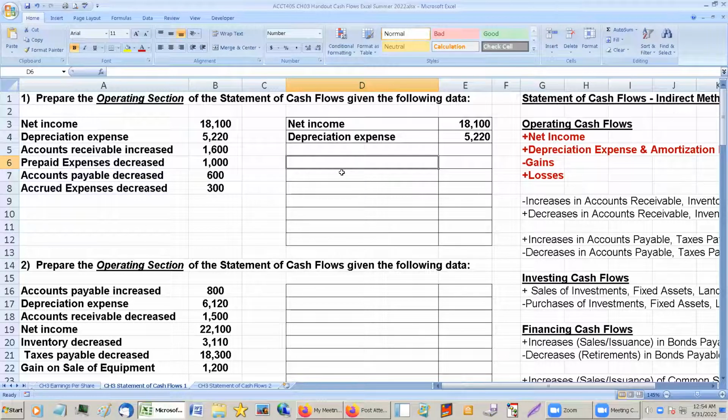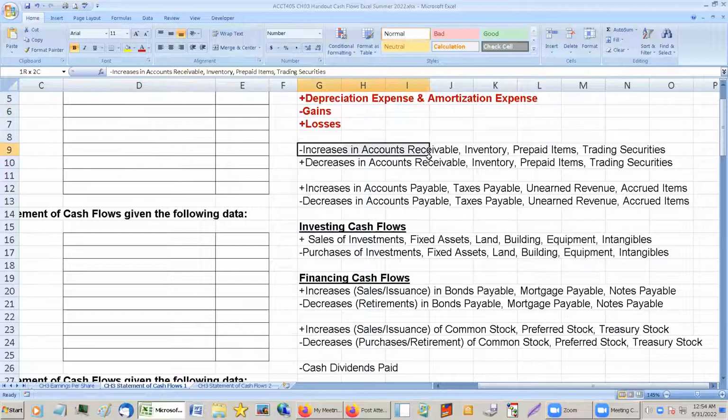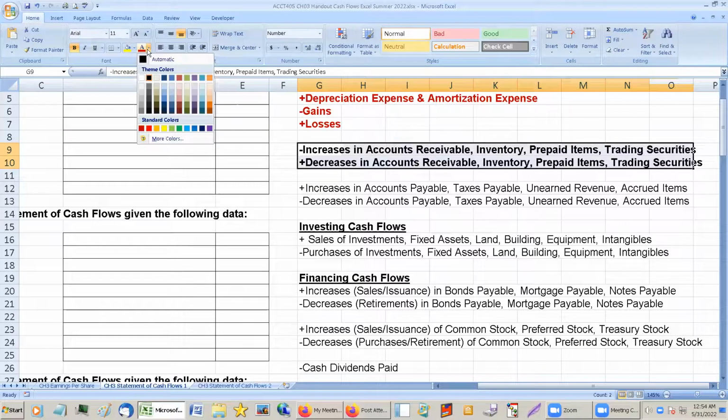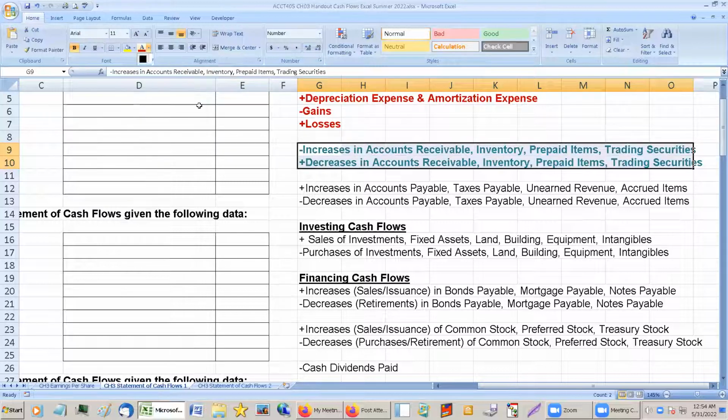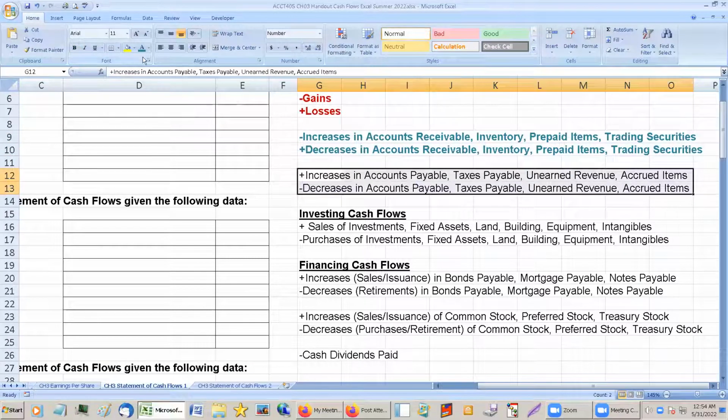Okay, and now for the most confusing part of the whole class. We have what they call current assets.